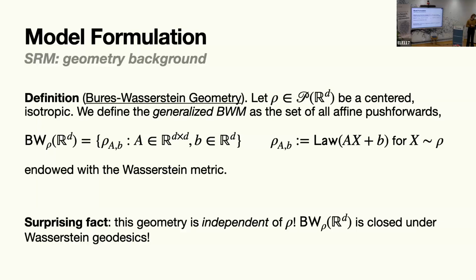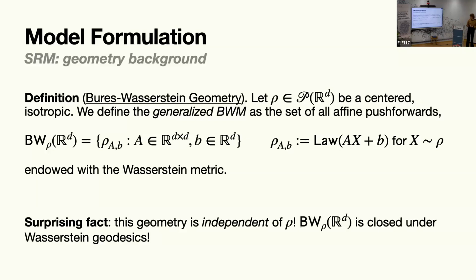A specific case of this is useful for our formulation of splats themselves. It's the Bures-Wasserstein geometry. It's the space of all scaled and shifted versions of a base measure. So you fix a base measure rho and you take all of the scalings and shifts of it. For example, when rho is a Gaussian, then these are just all of the Gaussians with any mean and covariance.